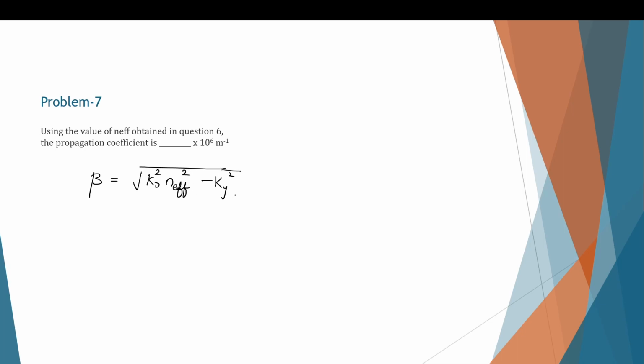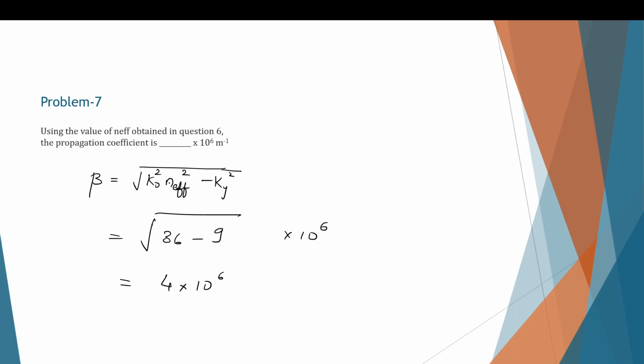This n effective already includes kx, so we should not do another minus kx here, that would just do it twice. So now the answer will be root of k naught squared n effective squared is 36 into 10 power 6, minus ky squared, 3 squared is 9, so minus 9, 16, 4 into 10 power 6.